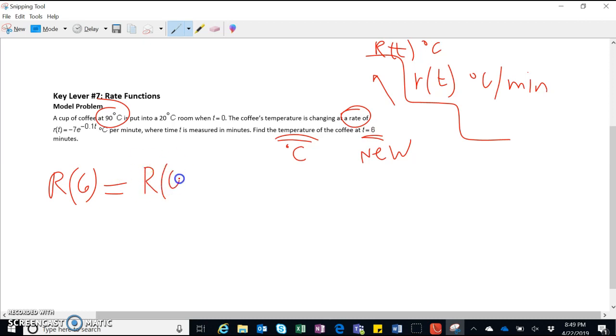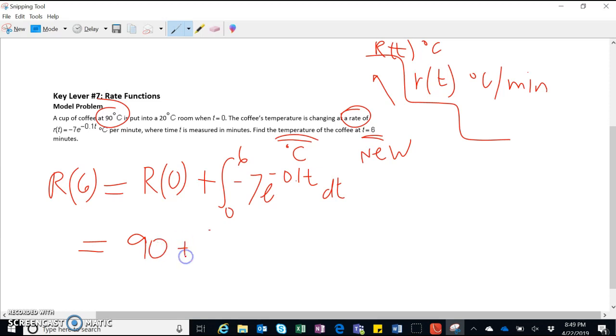So that's going to be my initial temperature at 0 plus the integral from 0 to 6, from old to new, of this rate function, which is negative 7e to the negative 0.1 t dt. I can plug in, my coffee was originally 90 degrees Celsius, and now I'm adding the change into this situation.